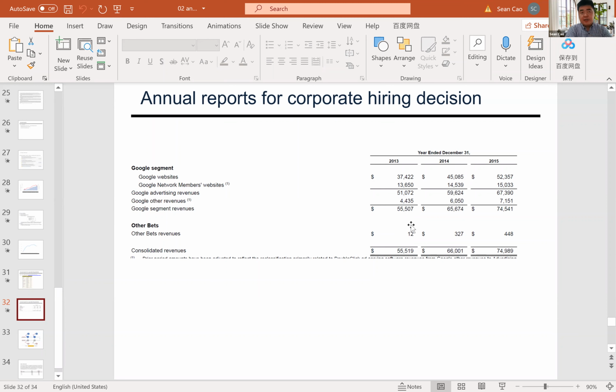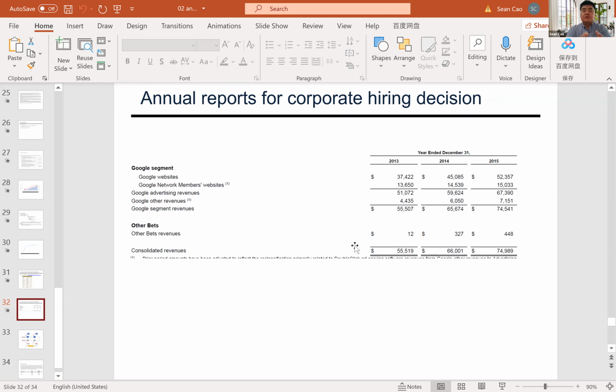You say, oh, hey, Sean, your research is good, your teaching is good, your service is good, everything is good. Or you can say, oh, Sean, your research is okay, your teaching is pretty good, your service. So by looking at the breakdown of the segment revenue, you can evaluate whether the CEO has strength in the website business, the network business, or the computing business. You can evaluate the CEO in the different sectors.